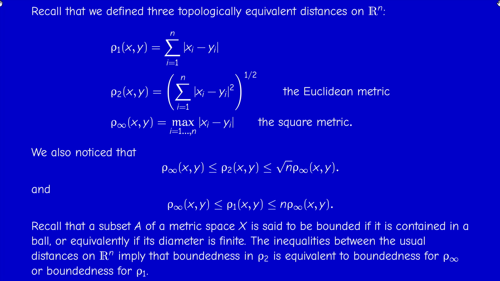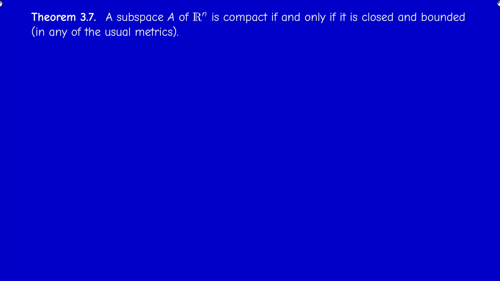Okay. And now I can state an elementary result about compact subsets of Rn. So how do I know that a subset of Rn is compact? A subset of Rn is compact if and only if it is closed and bounded with respect to any one of the usual distances, the Euclidean distance, if you like. So we have two implications.